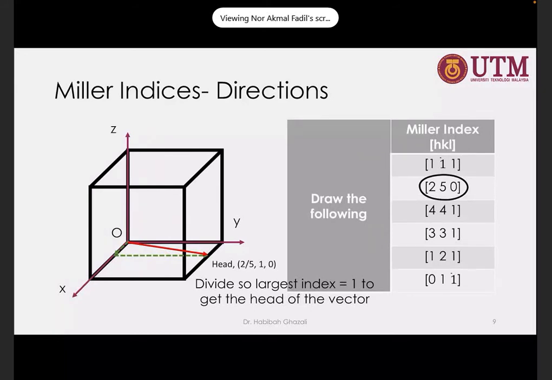This is the reverse way: how you draw the given Miller index. So for example, I'm not really sure, I think this one has a bar at the top. Let's start with the first one.